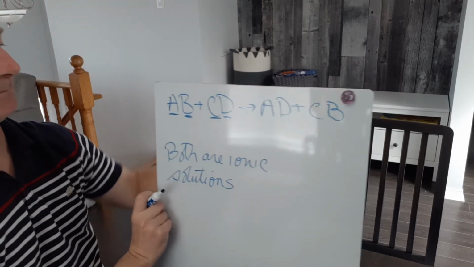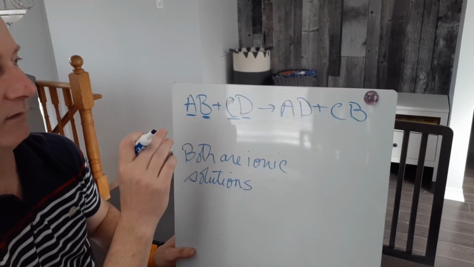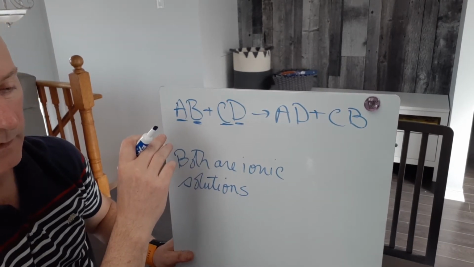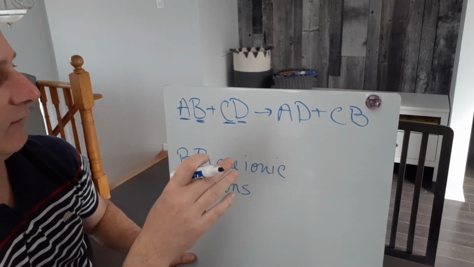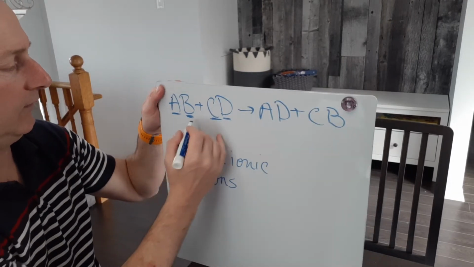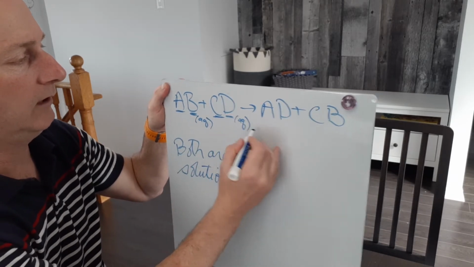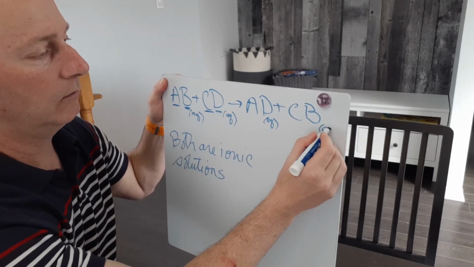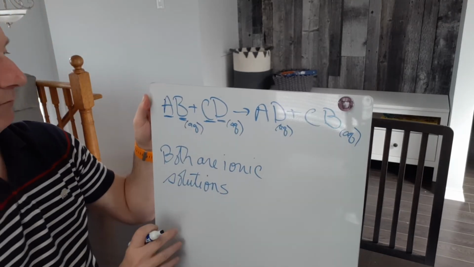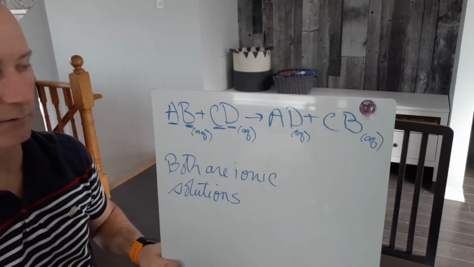CB. So what we're going to learn in this section is to determine whether we can see the reaction. Because if everything stays in solution, if this is aq and this is aq, which they always will be, and this is aq, and this is aq, then you put two clear solutions together and you still have a clear mixture of solutions.